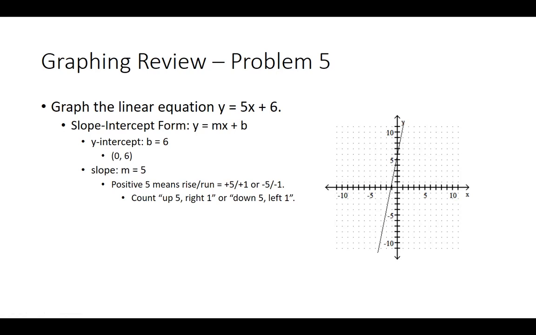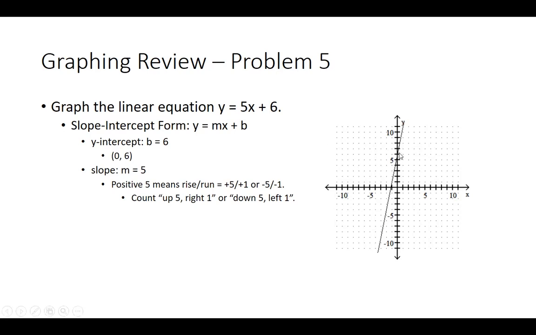Then the slope being 5, positive 5, means that our rise over run is either +5 over +1 or -5 over -1. Minus over minus also gives us a positive number. So that tells us direction. Either we go up 5, right 1, or down 5, left 1.